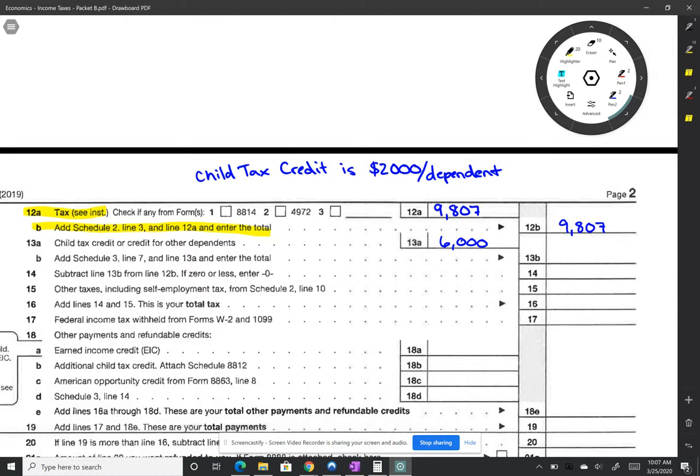So here, this individual's tax obligation is $9,807, but because they're caring for 3 kids and qualify for the child tax credit, they get $6,000 in tax credit. So add line, okay, we don't have a Schedule 3, so we just add 6,000 over here. We bring 6,000 over here, okay?